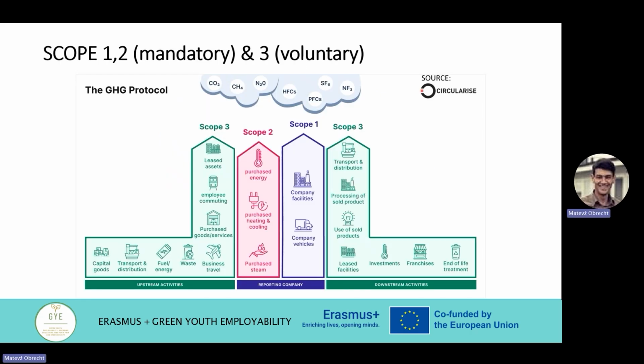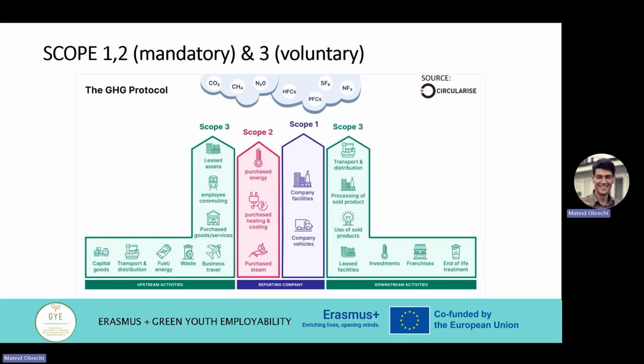When talking about the carbon footprint, we have different measures for how to monitor and assess it. The Greenhouse Gas Protocol, which is now the prevailing methodology for doing it, divides emissions into 3 scopes. You can see on the picture there is scope 1, scope 2, and scope 3. So what is this all about?